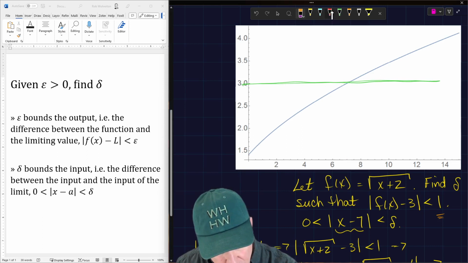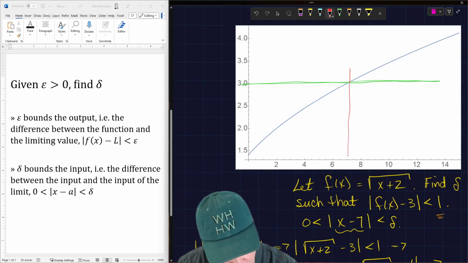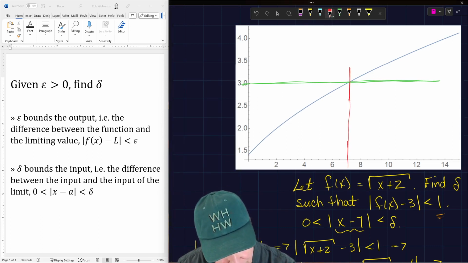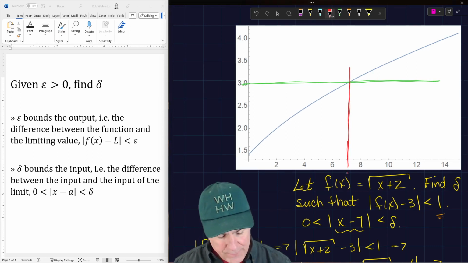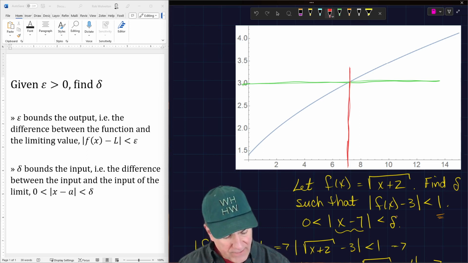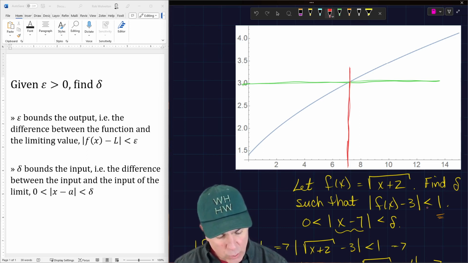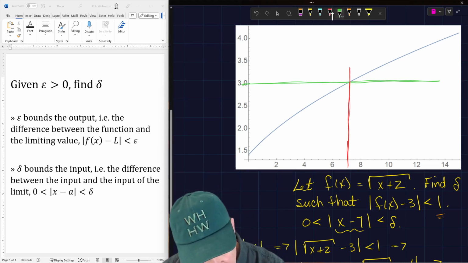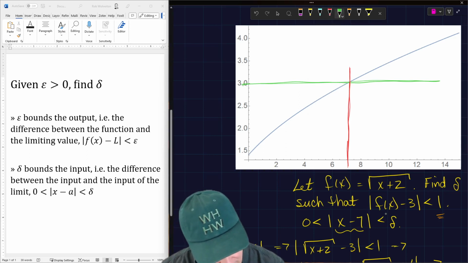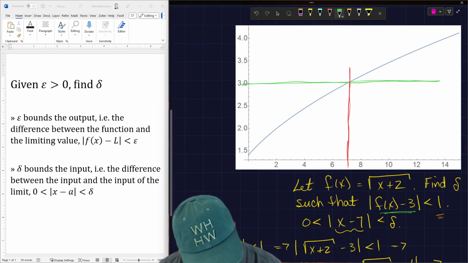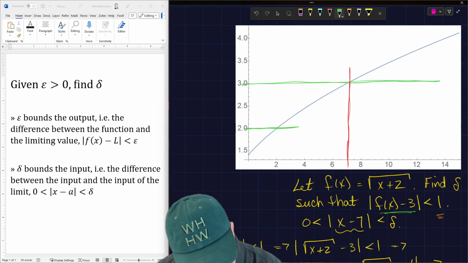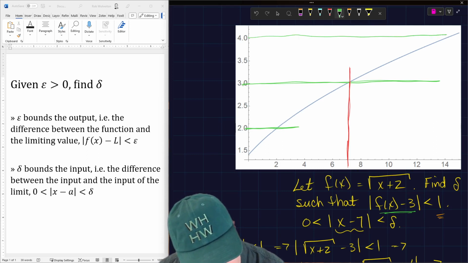Let me do a real quick erasure, and this should come through 7 like this. All right. And now what it tells me is that my output value is less than or equal to 1. So my difference between my output and 3 right here has to be less than or equal to 1. So I have this output, and then I have this output way up here.